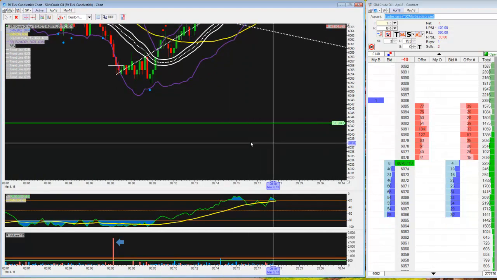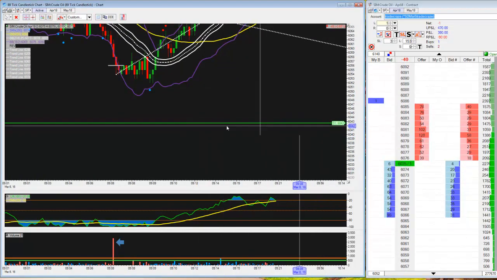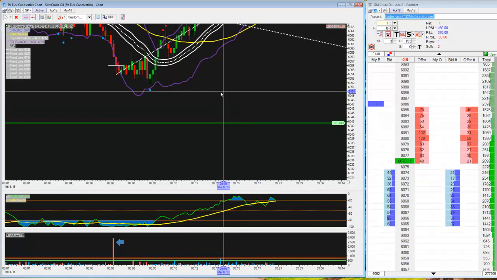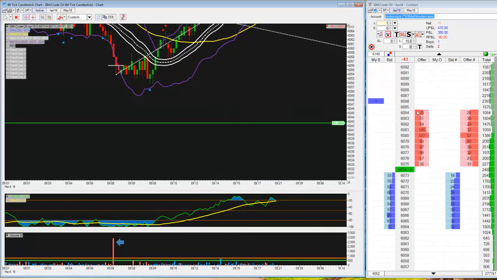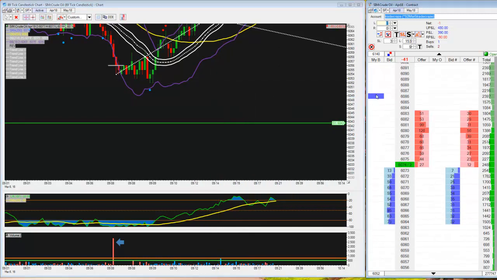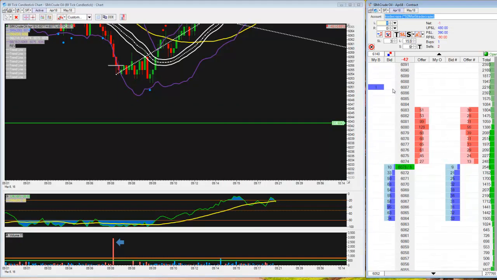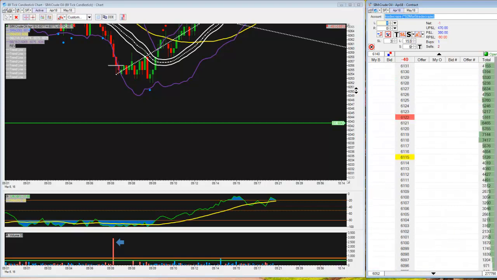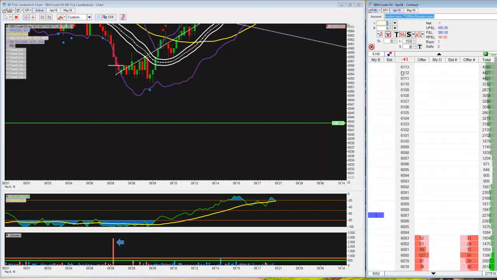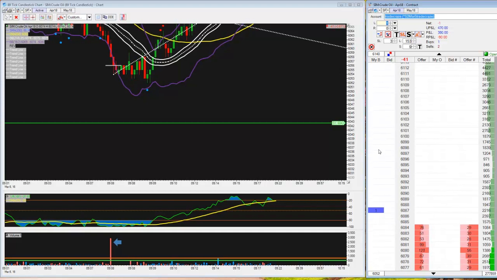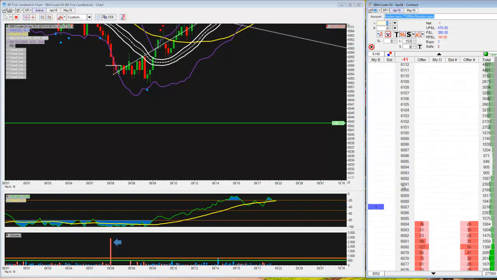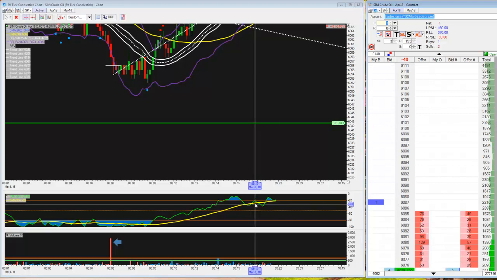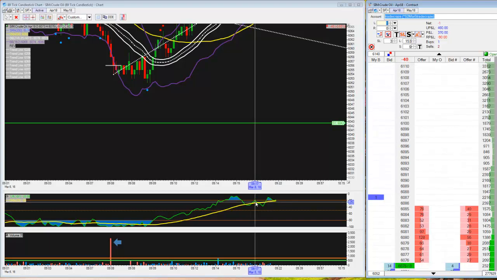This is how close we got to S1. We'll go 60.87. Let's go an odd number. $35. 35 minus 9.